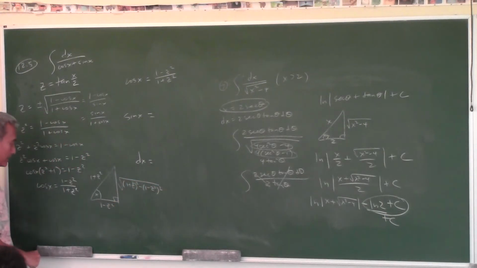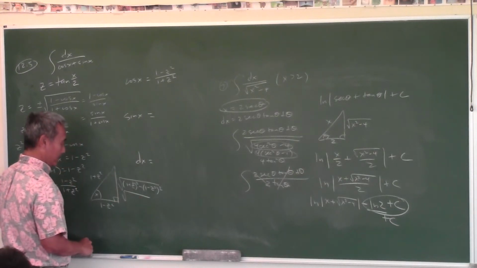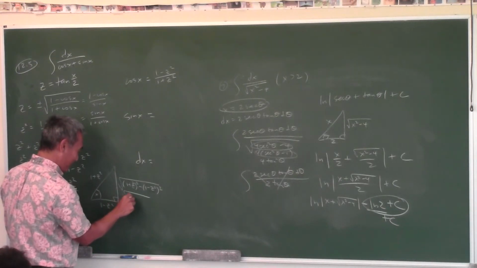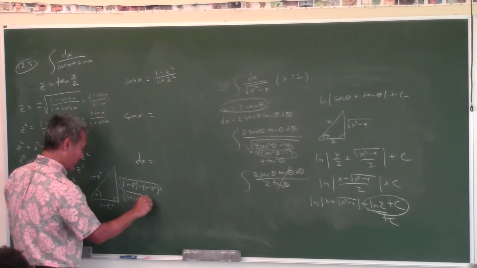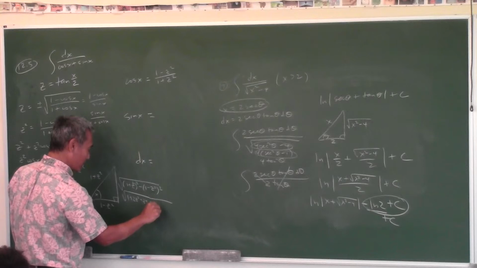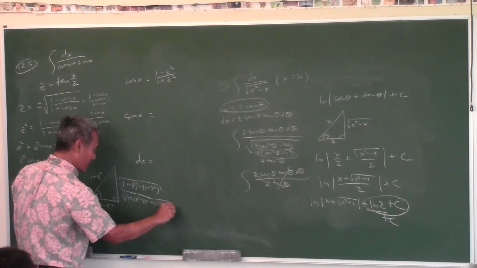Since we're high-level mathematicians, can we do that in our head? Okay, let's just multiply it out. 1 plus 2z squared plus z to the 4 minus 1 plus 2z squared minus z to the 4.